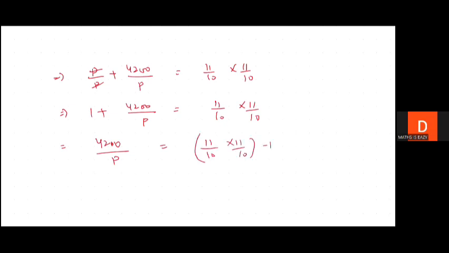So it would become 4,200 by P equal to 121 by 100 minus 1. So 4,200 by P equal to (121 minus 100) by 100. So 4,200 by P equal to 21 by 100.